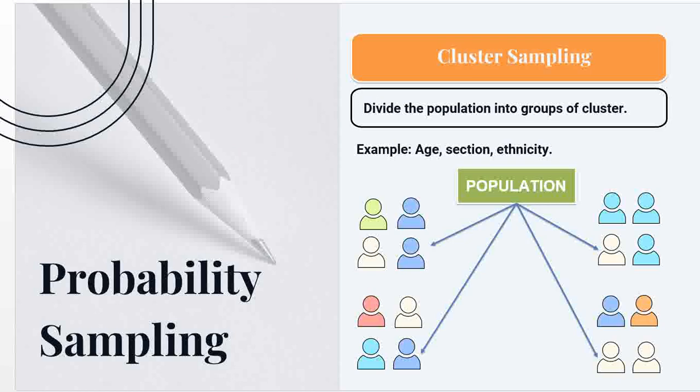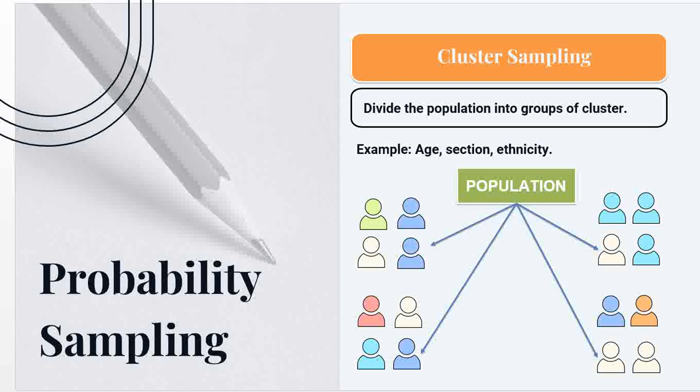Now, let's move on to probability sampling number 2, which is cluster sampling. So, in here, let's say you have 200 senior high school students, you're going to divide that population into groups or clusters.